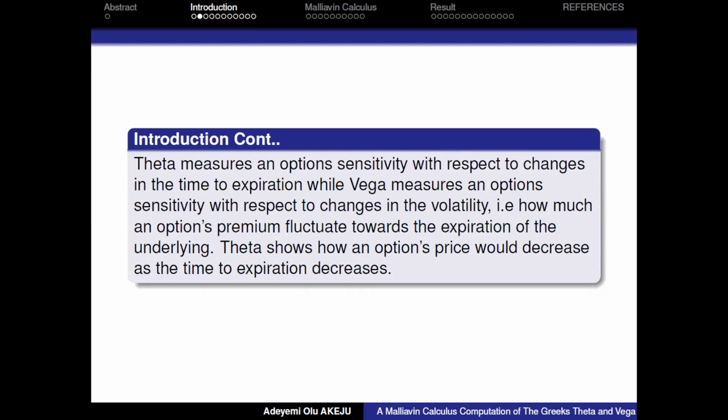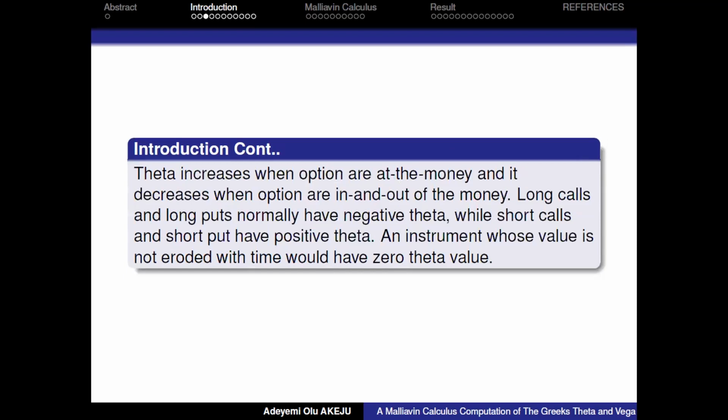So that's about theta. Theta increases when the option is at the money, and it decreases when the options are in and out of the money. So we say the long call and the long put normally have negative theta. This is the general behavior of the Greek theta. While for the short call and the short put, the value is always positive.